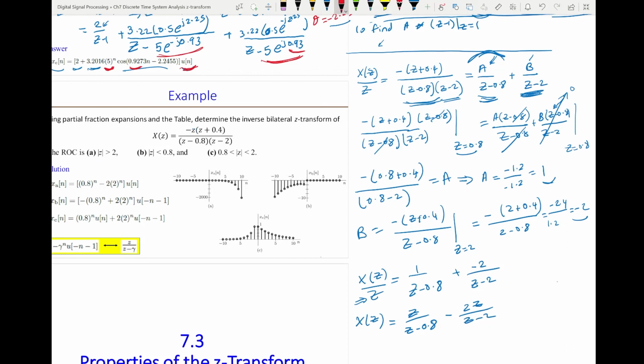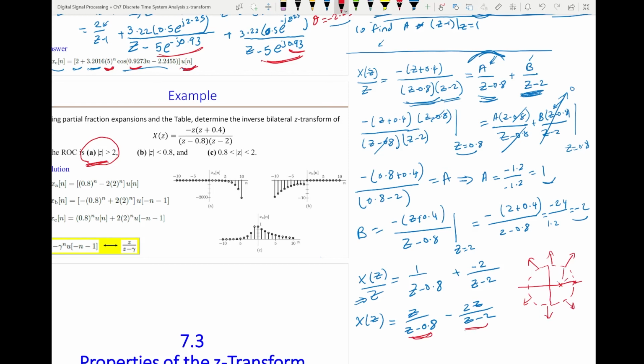Okay, this is a partial fraction expansion. Now for this part, z is larger than 2. The region of convergence, if we plot it, the first root is at 0.8. The next one is at 2. So if we draw a circle here, and z here is larger than 2, that means this is the region of convergence. It's outward. So for this term, it's outward, and for this.